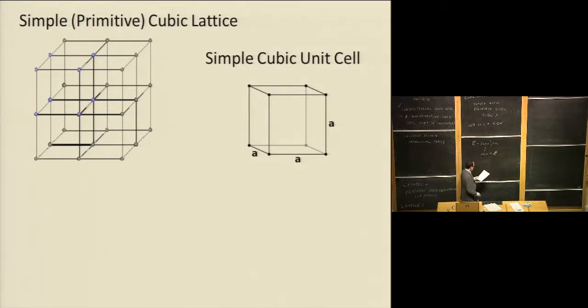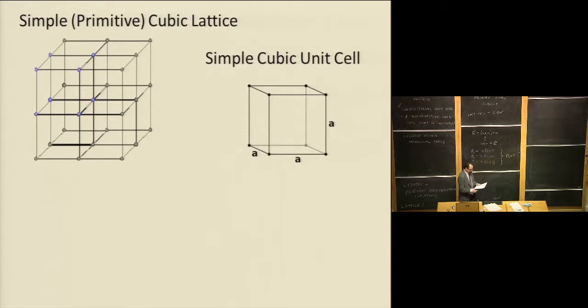Okay? Now, we were told at the beginning that we should be able to write the lattice points as integer sums of primitive lattice vectors, so we can choose a1 equals a times (1, 0, 0), a2 equals a times (0, 1, 0), and a3 equals a times (0, 0, 1). And these are the primitive lattice vectors, PLVs.